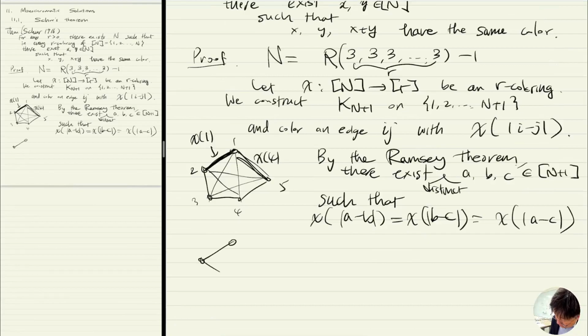So that's the triangle where all the edges have the same color. Why? Because N plus 1 is equal to the Ramsey number.